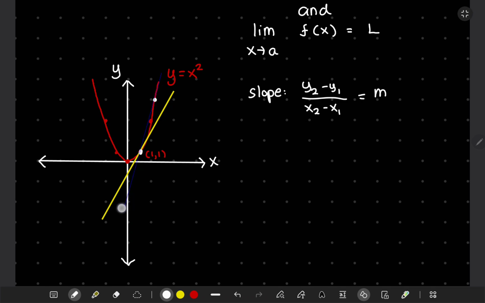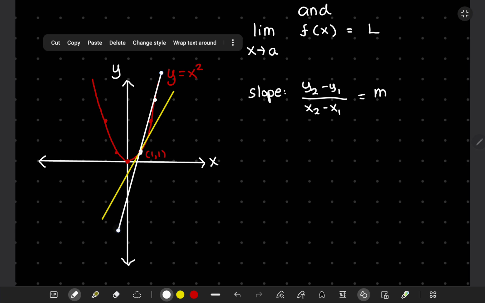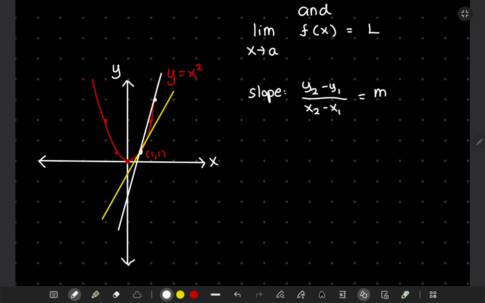Here, for example, this white line can be almost like our tangent, but not really. As we go, I get closer and closer. Here's a random dot I put on the right. As I continue, these white lines that I'm making will eventually become the yellow line.